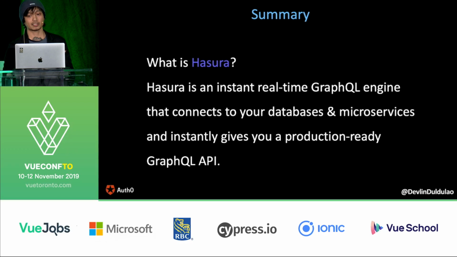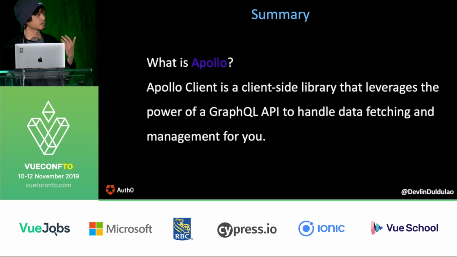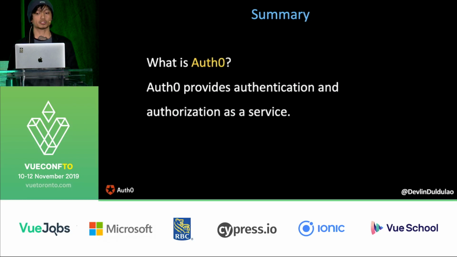Apollo Client is a client-side library that leverages the power of GraphQL API and handles data fetching and management for you, so that you can spend less time plumbing data and more on building your application. Auth0 provides authentication and authorization as a service. It gives developers and companies the building blocks they need to secure their applications without having to become a security expert.